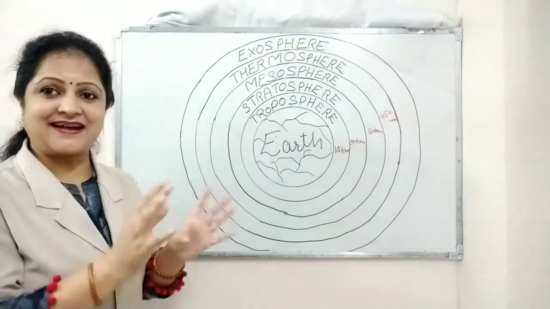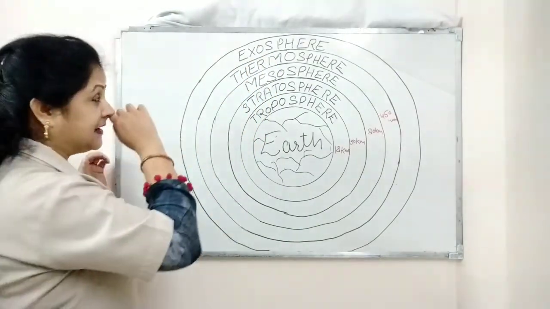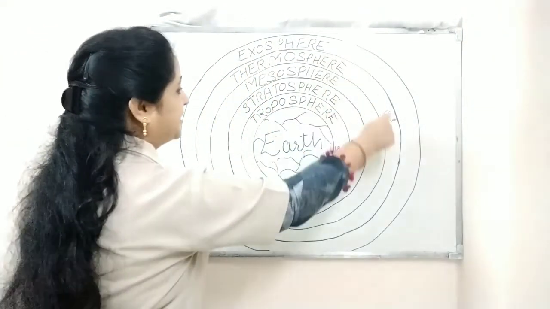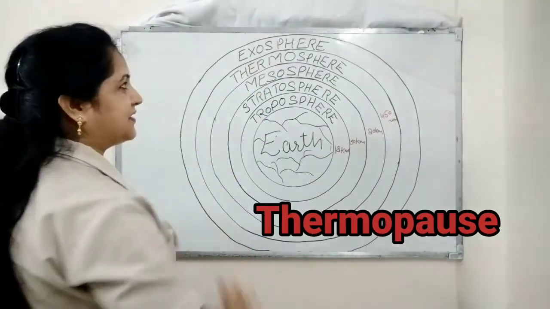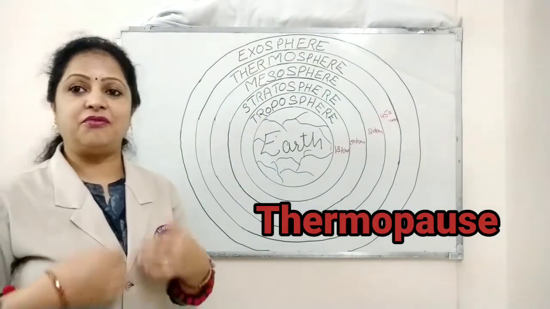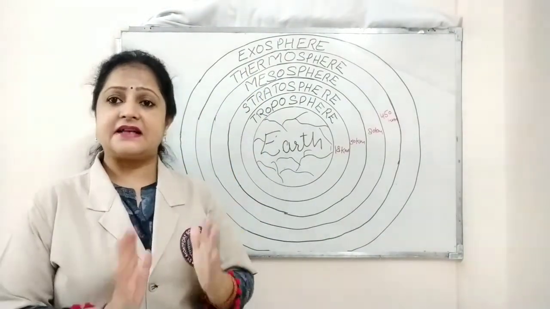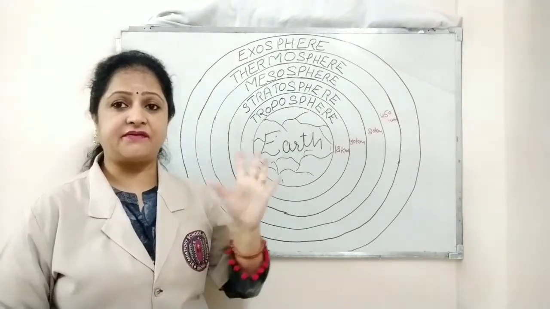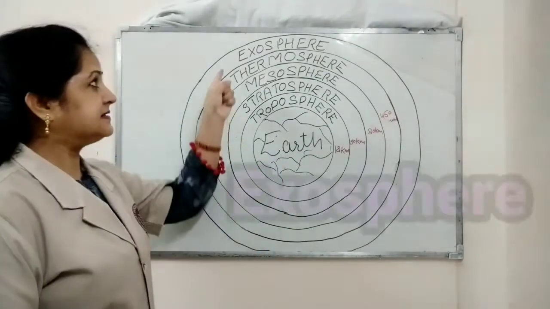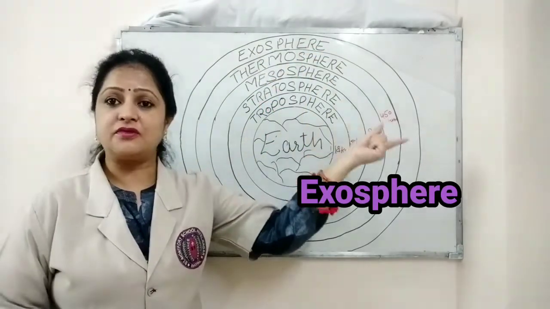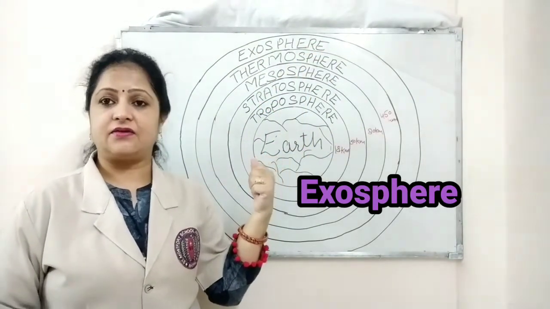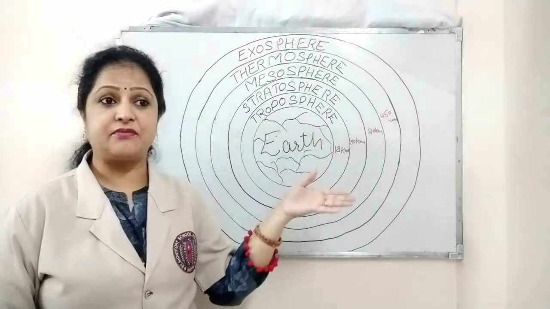The narrow zone that separates the thermosphere from the exosphere is called the thermopause. The last layer of the atmosphere, the fifth layer, is the exosphere, the outermost layer of the atmosphere.